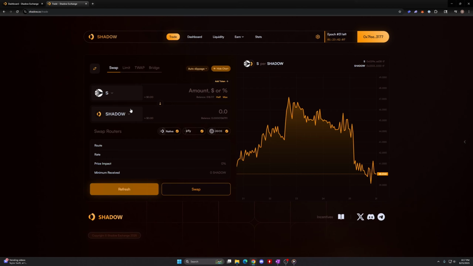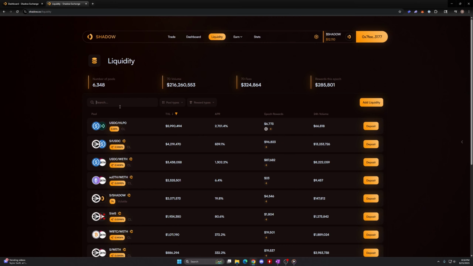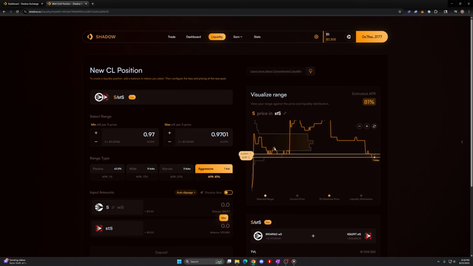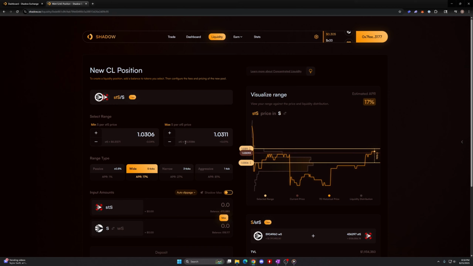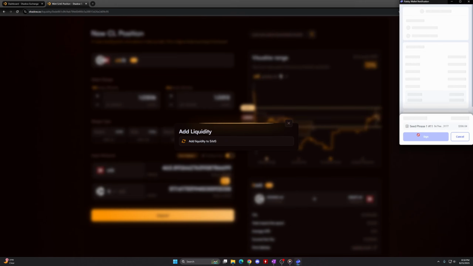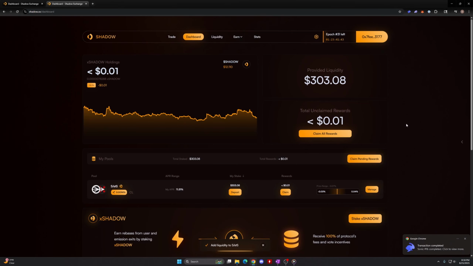Go back to the trade tab, click on STS, and in this regard, I would put 500 in and I'd get my STS. Now we're going to go back here. Sorry about that. We're going to go to deposit. 1, 2, 3, and we're depositing. And we're back in, just like that, rinse and repeat.